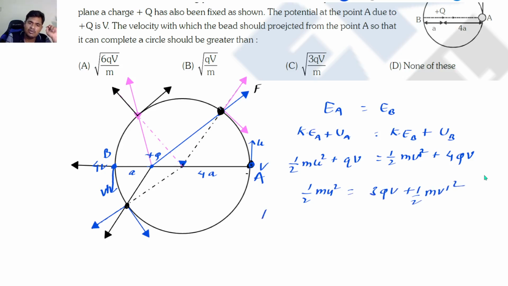Now for U to be minimum, I will say that V dash should be equal to 0, meaning the particle should reach here with speed slightly greater than 0, then after that it will automatically be repelled to this position.